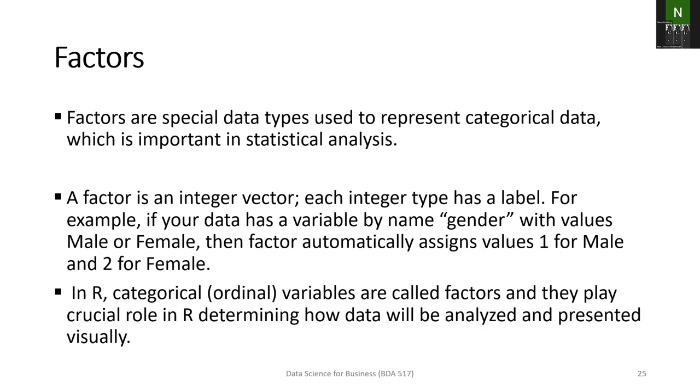Like the example that I gave regarding the days of the week. 1 can stand for Sunday, 2 can stand for Monday, and so forth. But you need to specify that by creating a factor. Now, we also have categorical variables that are ordinal.